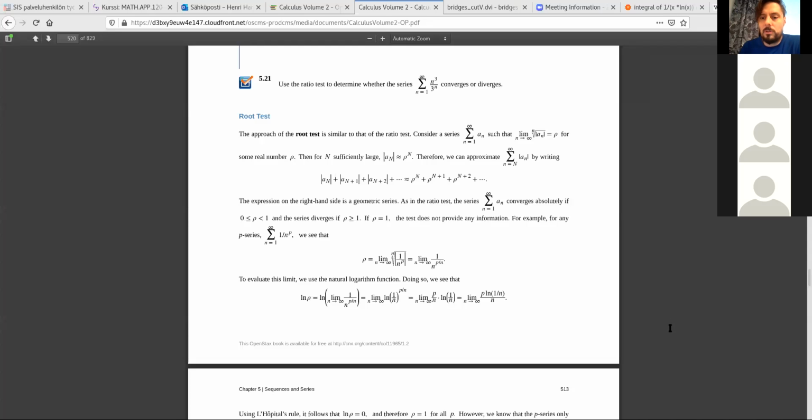I hope you were able to determine this. Just as an exercise, for the ratio test in this case, you have n plus 1 to the power of 3 over 3 to the power of n plus 1, divided by n to the power of 3 over 3 to the power of n.